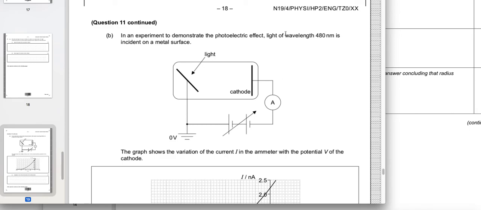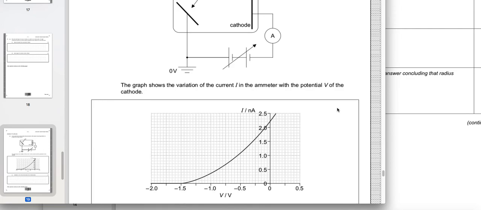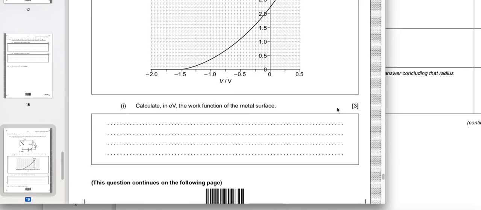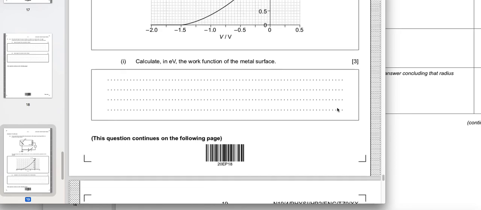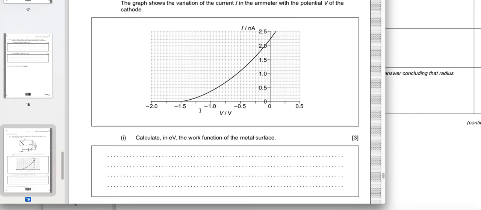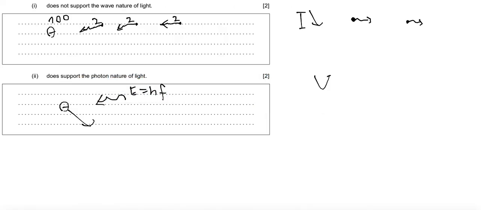Okay, and last, we have an experiment. We have a wavelength of 480 nanometers on a metal surface. The graph shows the variation of the current in the ammeter with the potential difference across the cathode. Calculate the work function of the metal surface. Okay, by using this graph, we can read the stopping potential, which is around minus 1.5 volts. So I'm going to use this minus 1.5 volts.